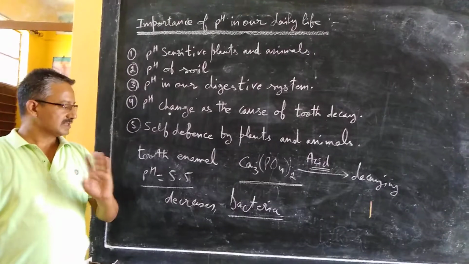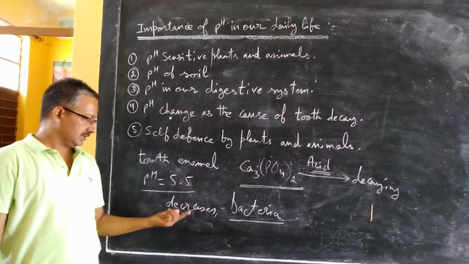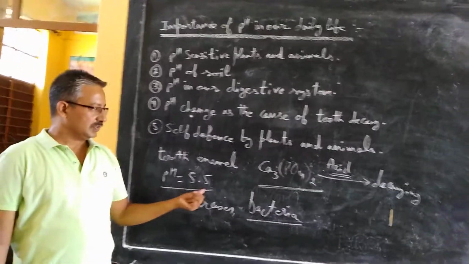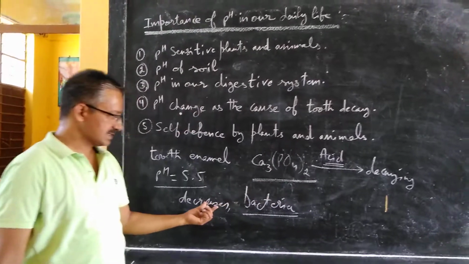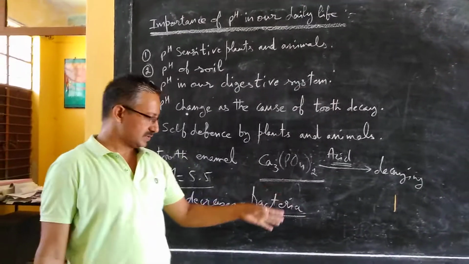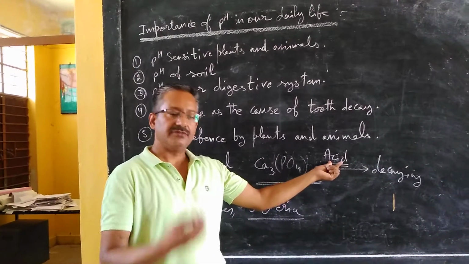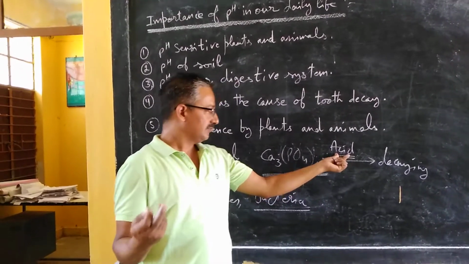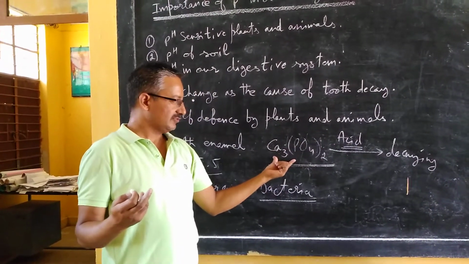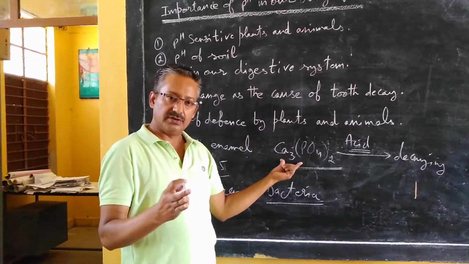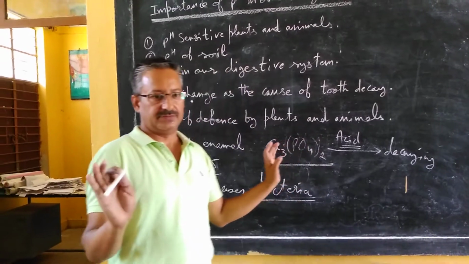If that happens, then the bacteria that are present cannot produce acid, because they will not find any substance to decompose. So bacteria cannot produce acid if our mouth is clean. And if our mouth is clean and there is no production of acid, then calcium phosphate, which is the white layer on teeth, will not be broken. So our teeth will be safe.